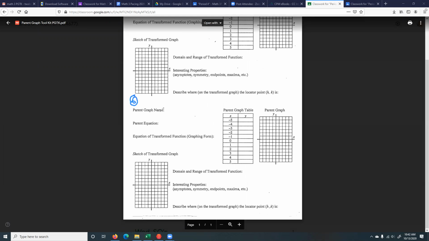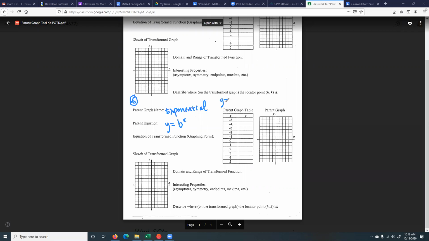Number 6 here is the exponential. Okay, parent equation. y equals b to the x power. If you recall last time when we did the work, we let b equal 2.